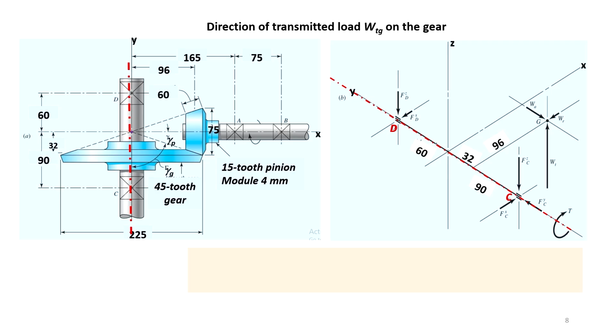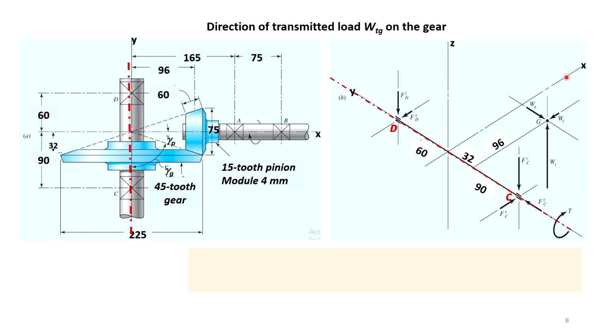This is D, C, this is your shaft DC, the shaft of the gear, and this is the y axis, and the apex is shown here. This is the apex, and so the origin of the coordinate system.